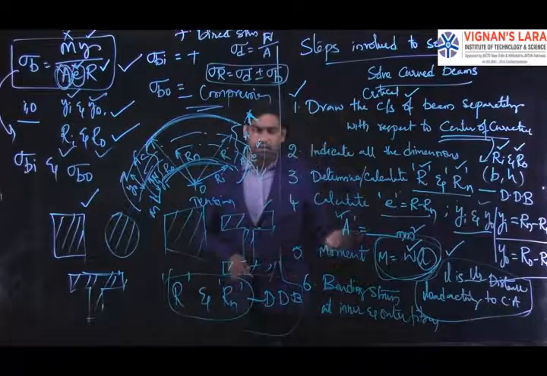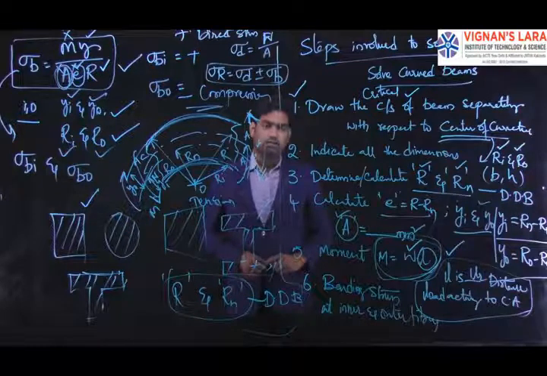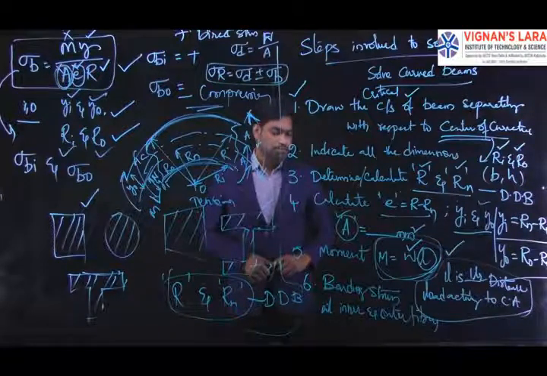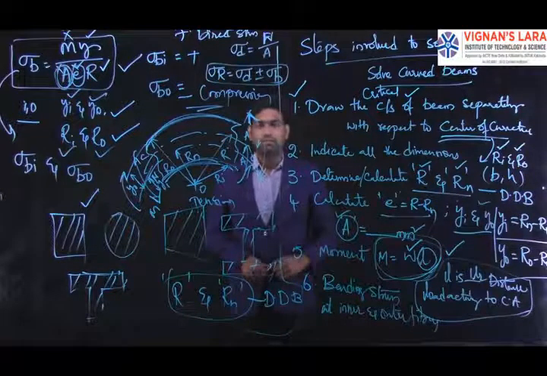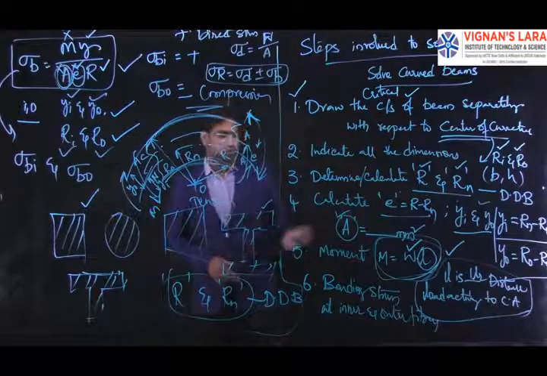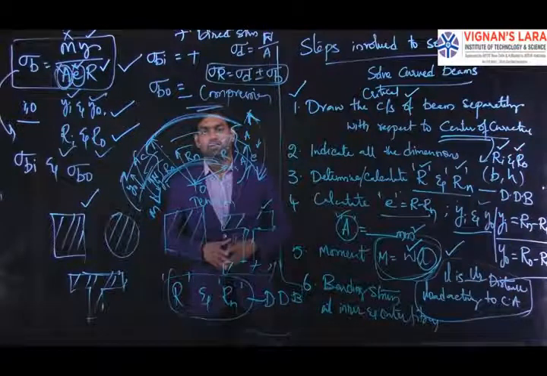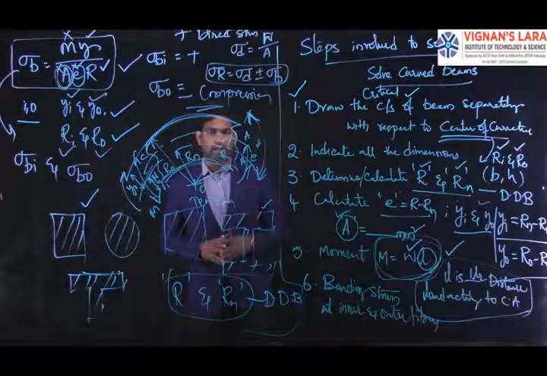We can also calculate the cross sectional area, capital A, and the bending moment acting on the beam, W into L. L is the perpendicular distance, taken from the point of application of load to the central axis, which is the point we need to remember.